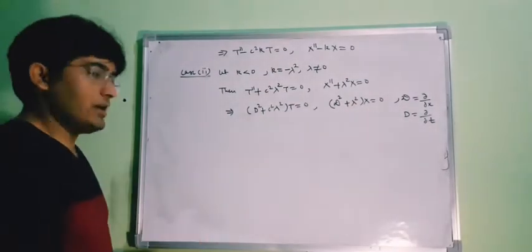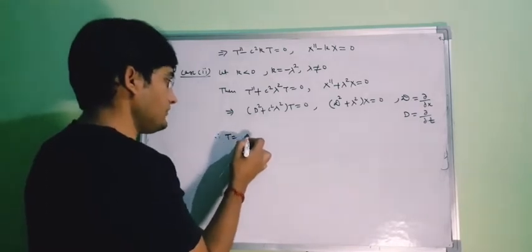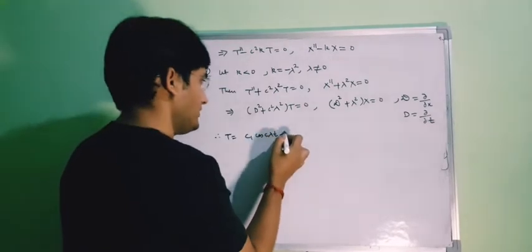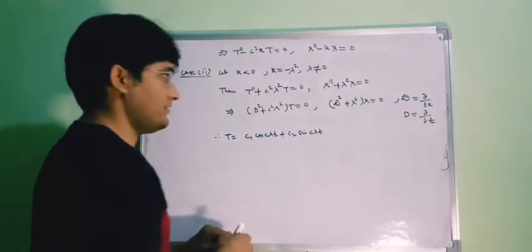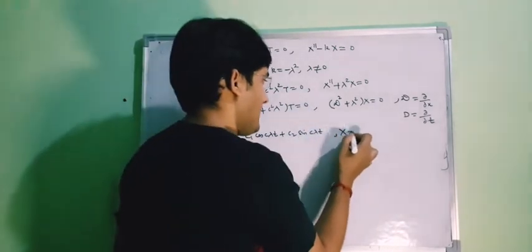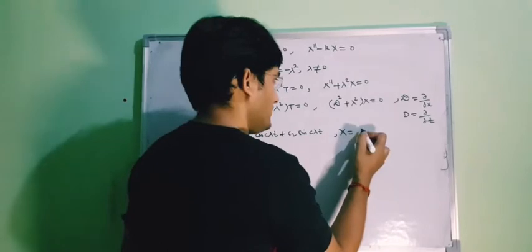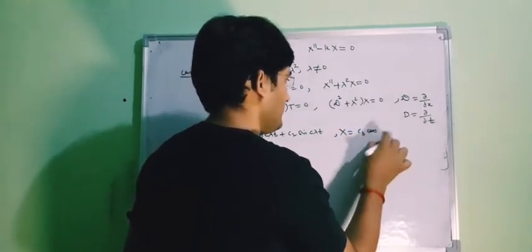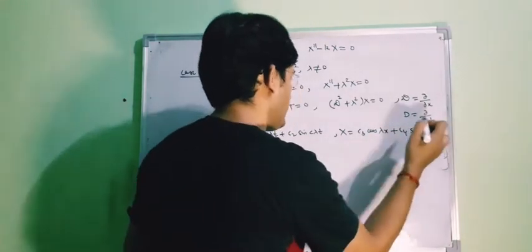So as the roots are complex conjugate, therefore your t will be c1 cos lambda c t plus c2 sin lambda c t, and from here our x will be, c1 and c2 are already used, so this x will be c3 cos lambda x plus c4 sin lambda x.